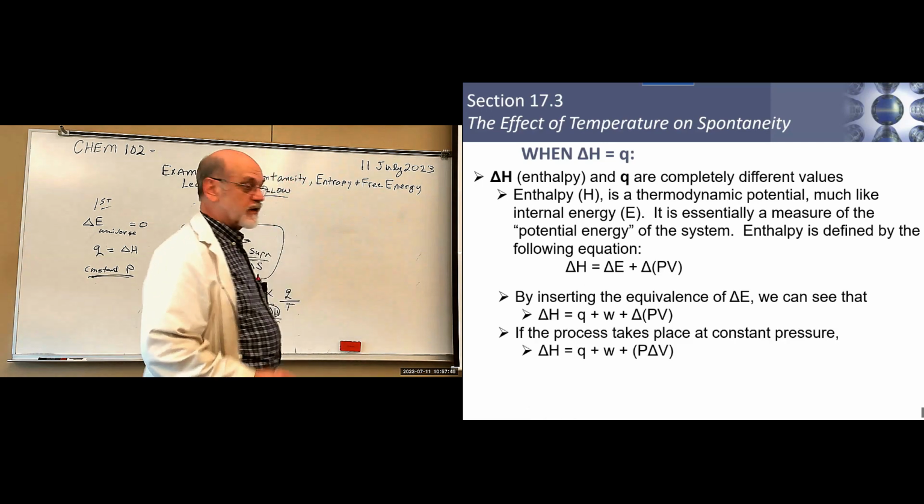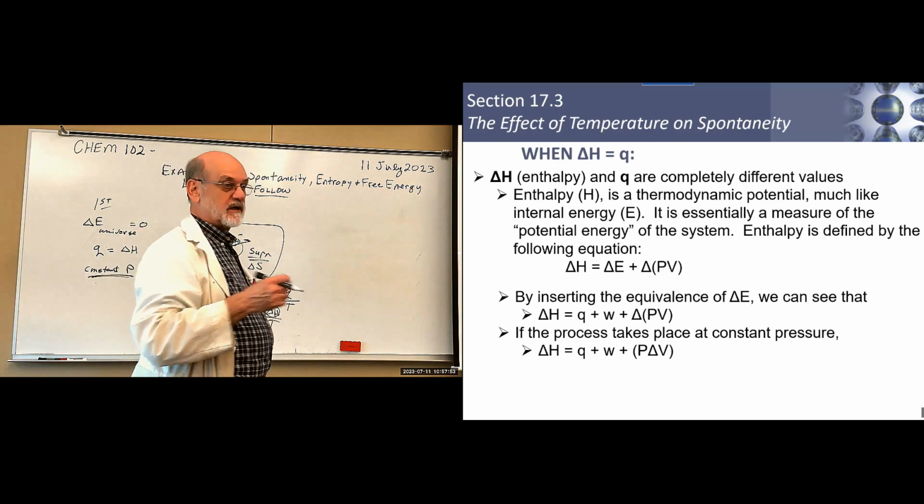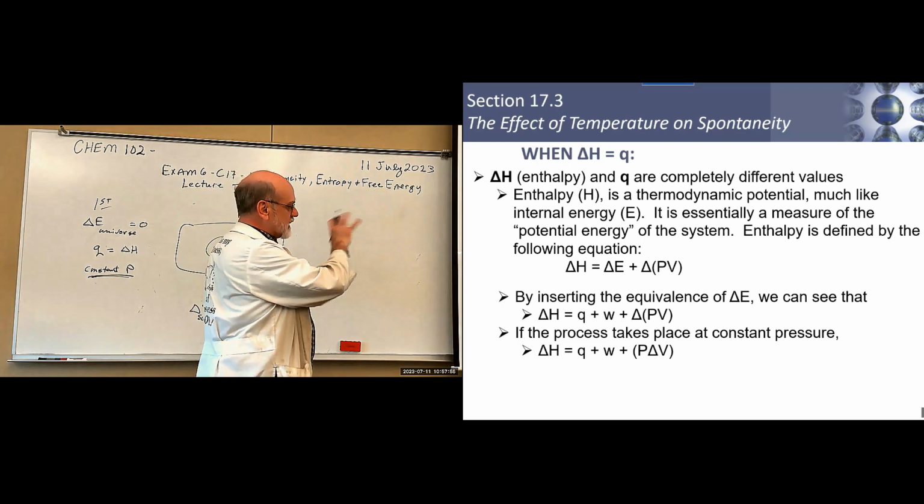If at constant pressure, then we can pull the pressure outside the delta sign because it's not changing. It's a value, but it doesn't change.